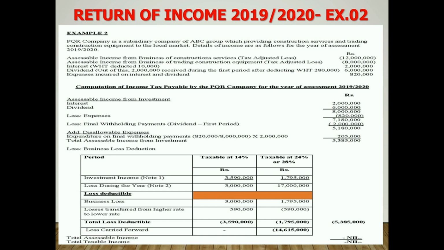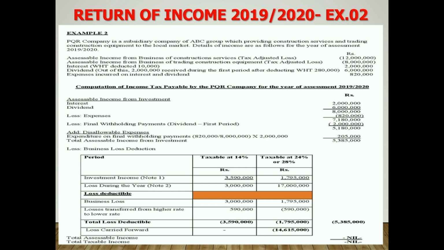Tax adjusted business loss from construction is rupees 12 million. Tax adjusted loss from trading activities is rupees 8 million. Other than business income, they have derived interest income rupees 2 million and dividend income rupees 6 million.